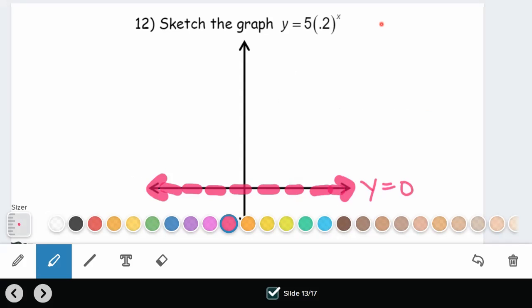In this graph, the 5 is going to be the start. So 1, 2, 3, 4, 5. It's going to start up here at 5. And because this base is smaller than 1, this is going to be a decreasing graph. I'm just going to sketch it. It's going to be coming down, but it's not going to cross that asymptote.